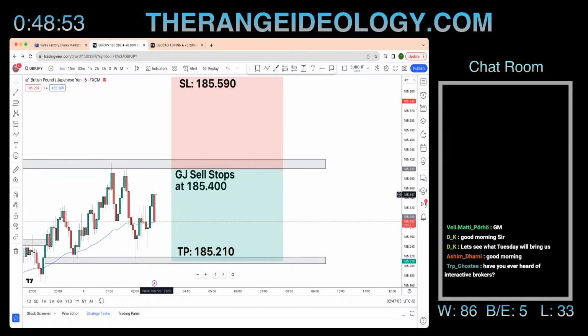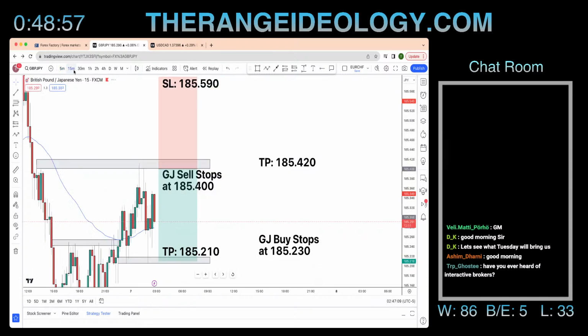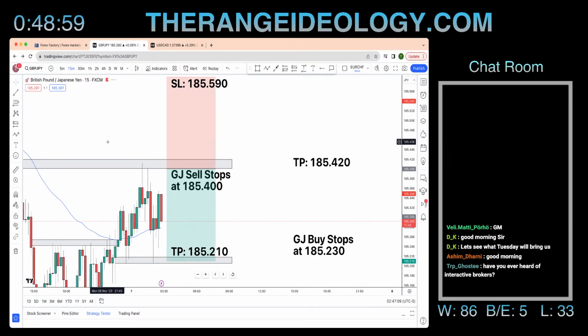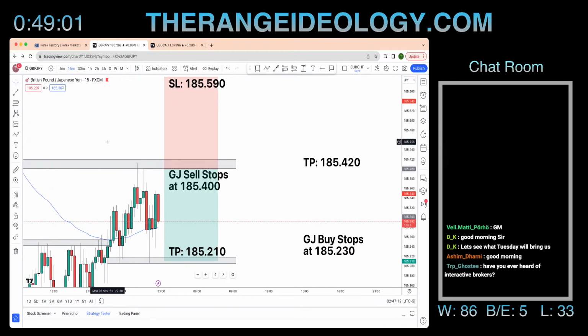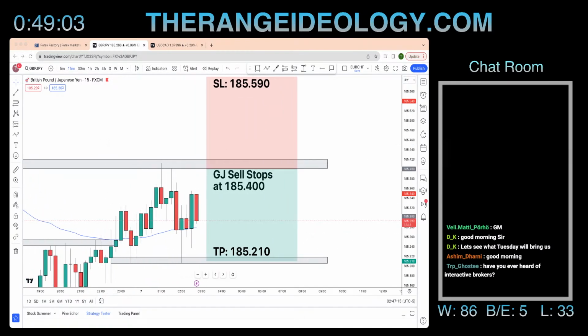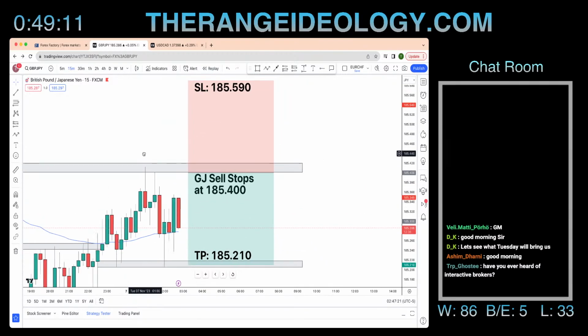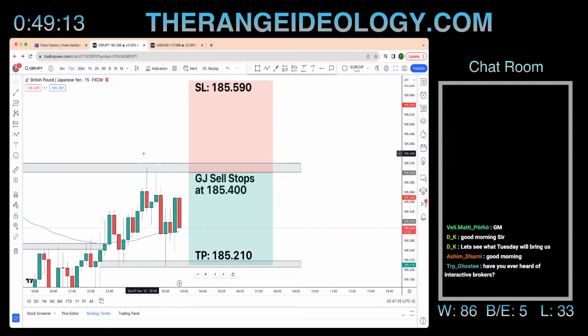So you can see there's no top wick on the current candle, but it continues to push down, and that's also the 15-minute candle with no top wick. Still not doing much here, but again, we're 13 minutes away now.